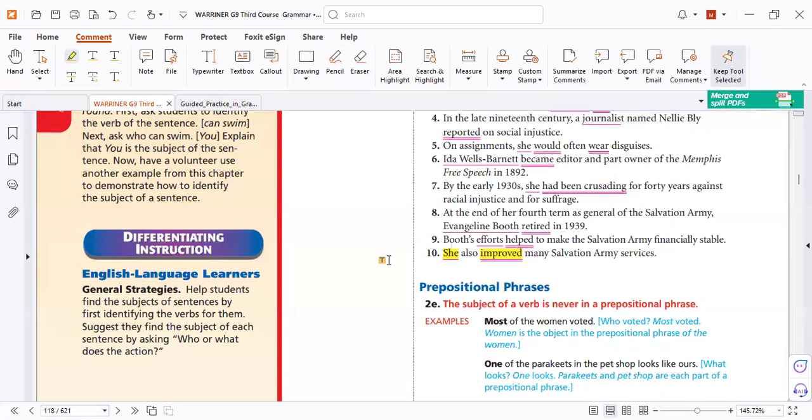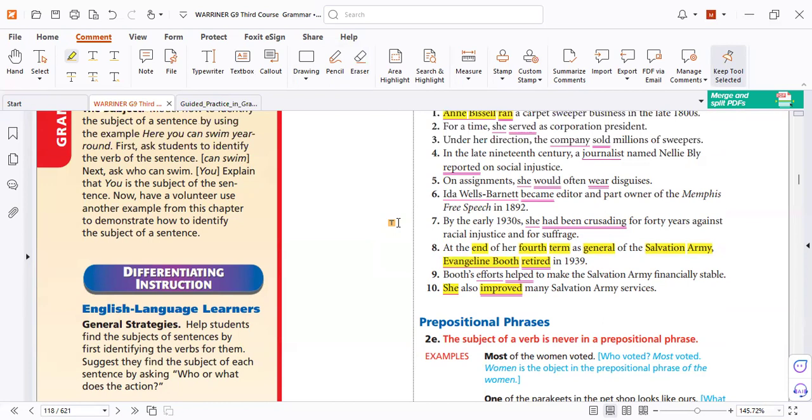She. Oh, she is a pronoun. Okay, all the personal pronouns can be subjects. As you know, personal pronouns: I, he, she, it. All of these can be subjects, because they refer to humans. Again, who or what retired? End, force, term, general, army, salvation. Who retired? This person. So this is the subject. Yes or no? You catch it? Yes. That is right.